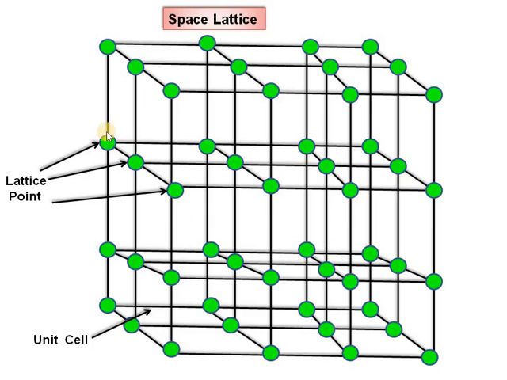These green colored points are called lattice points, and this part is called a unit cell, the smallest part of the crystal.